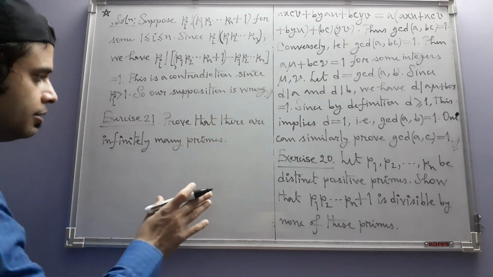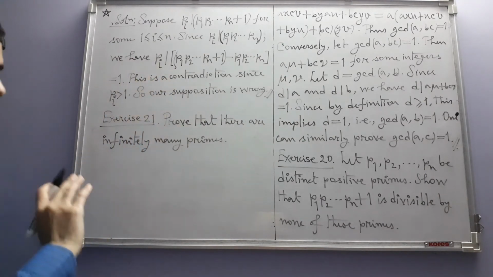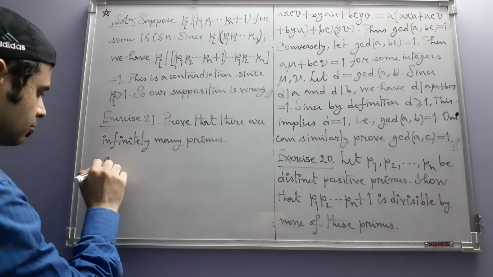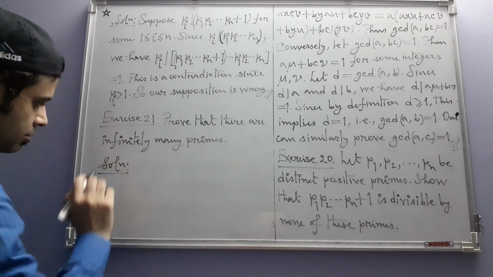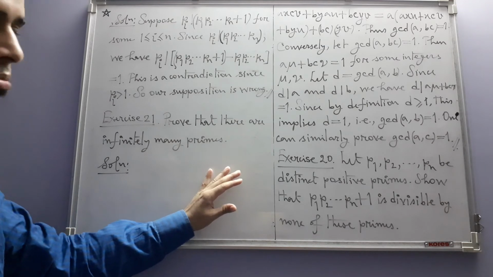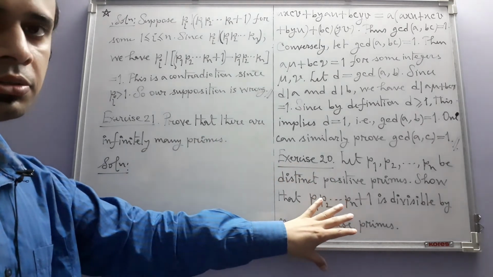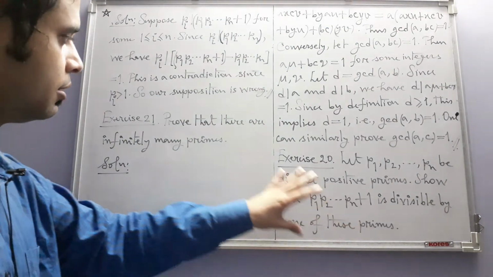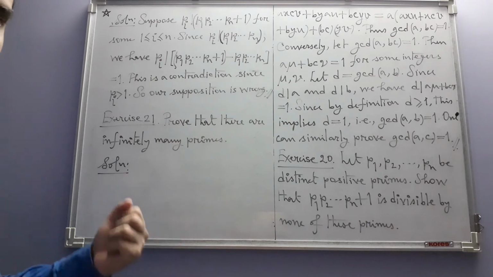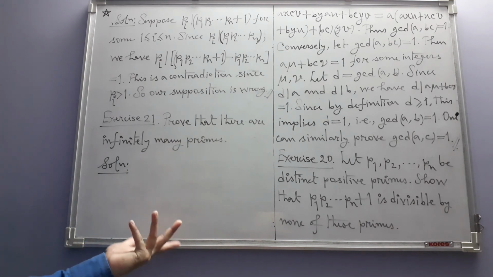And there is a hint. I am not writing that hint. They have asked us to use the previous exercise, which anyway we are going to do. This whole proof that there are infinitely many primes, consisting of the 20th exercise solution and the 21st one, is due to Euclid. Euclid proved that there are infinitely many primes in this way.